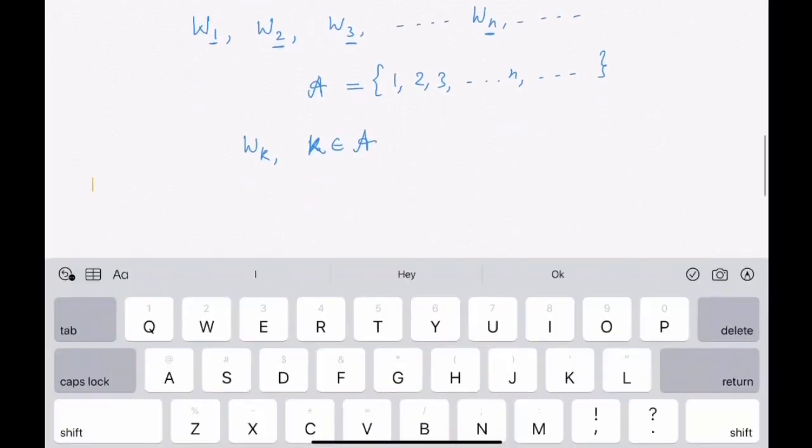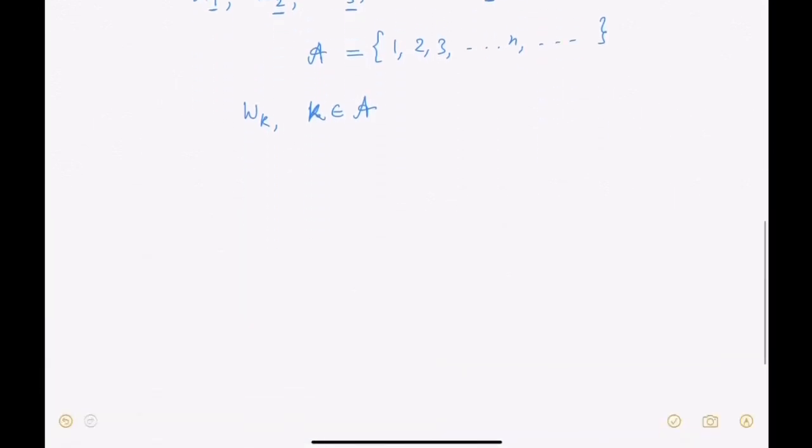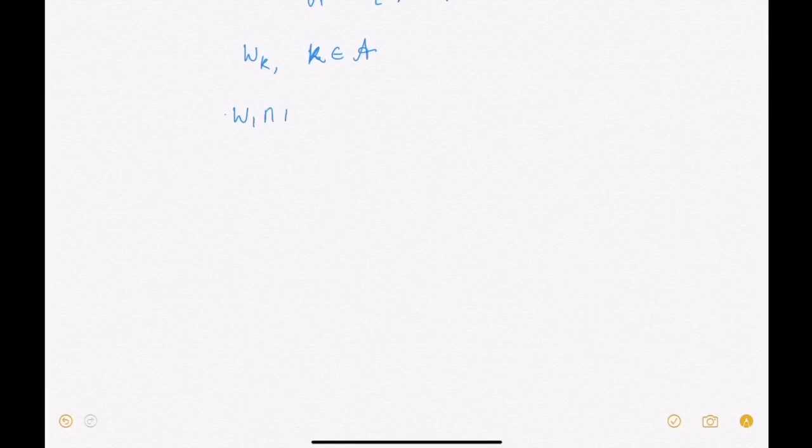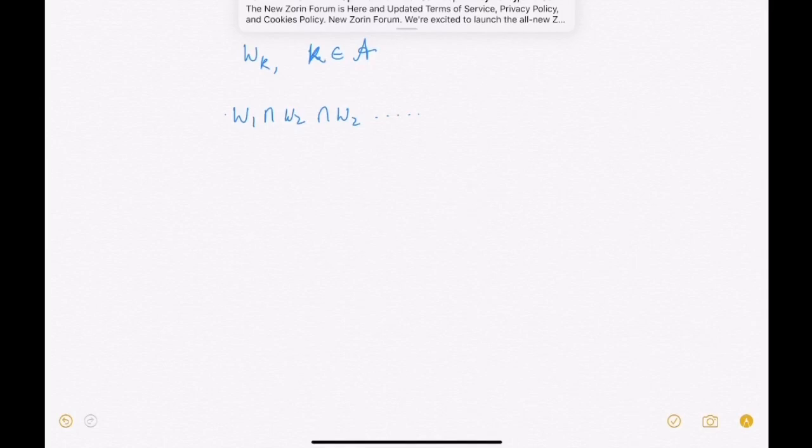So if we want to check whether W1 intersection W2 intersection W3, we do not know how many subspaces W1, W2 we have.